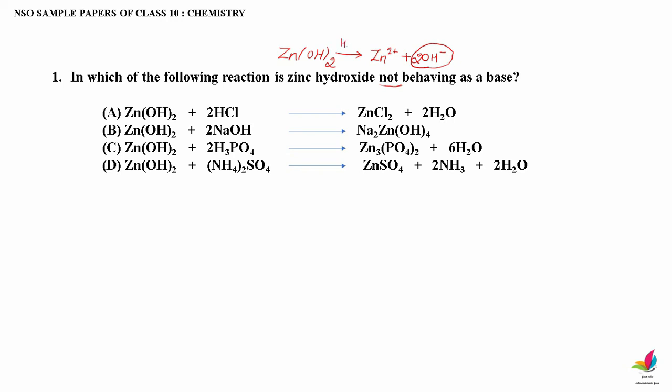That is, if you add this zinc hydroxide in aqueous solution, then it should dissociate or ionize as Zn2+ and 2OH-. So this OH-, that is hydroxide ion, indicates that it is a base.